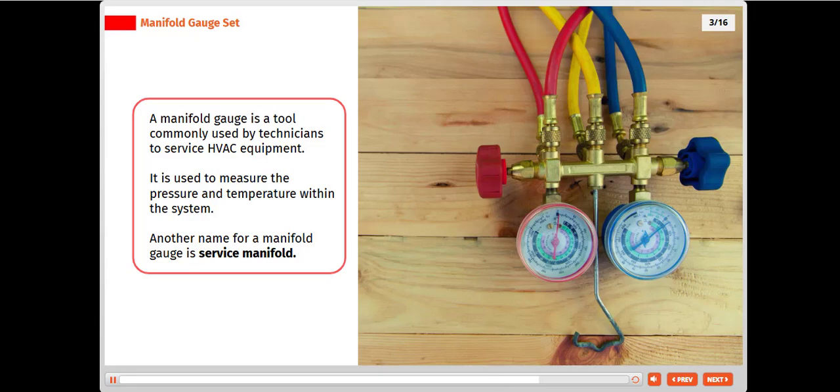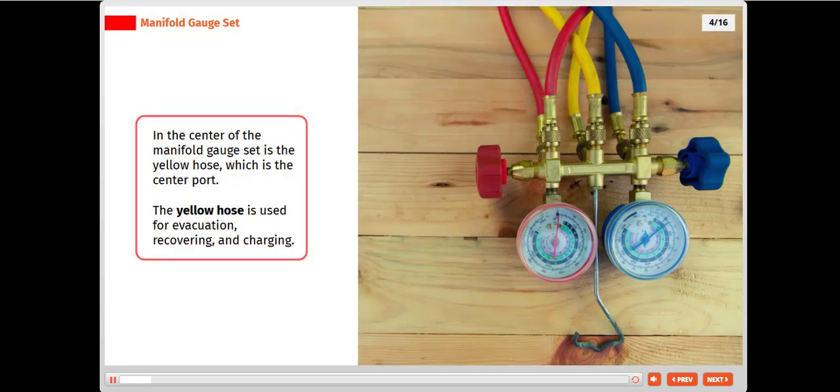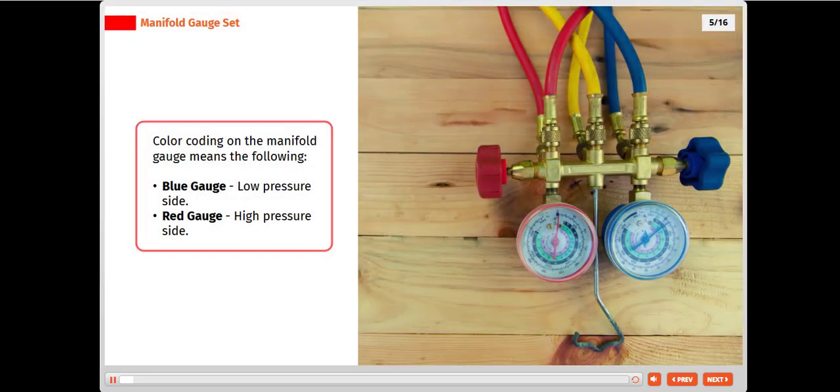In the center of the manifold gauge set is the yellow hose, which is the center port. The yellow hose is used for evacuation, recovering, and charging. Color coding on the manifold gauge means the following: blue gauge, low pressure side; red gauge, high pressure side.